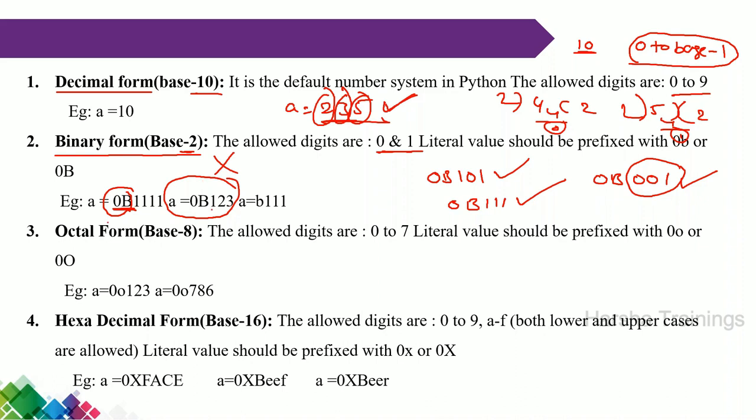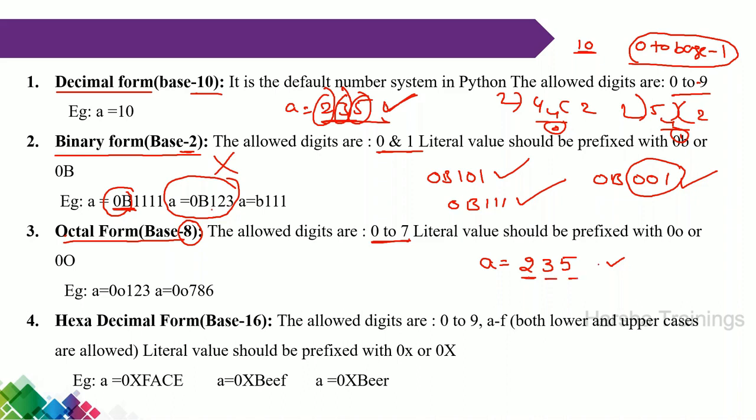Next one is the octal number. Octal means base 8, so the possible digits are 0 to 7. Now one simple example: A is equal to 235. Observe here the digit 2 is between 0 to 9, and at the same time between 0 to 7.